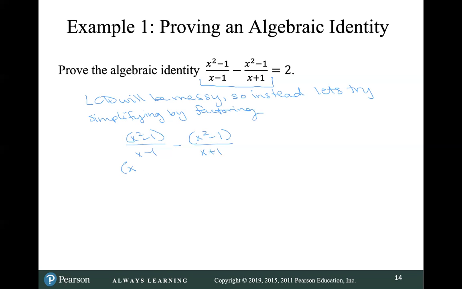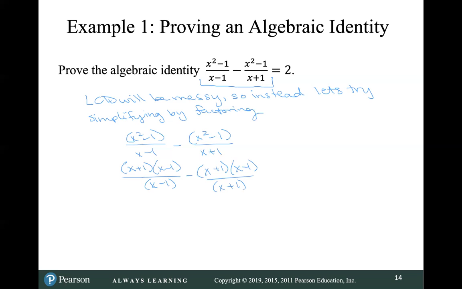And that's exactly what we're going to use. x plus 1 times x minus 1 divided by x minus 1, minus x plus 1 times x minus 1 divided by x plus 1.